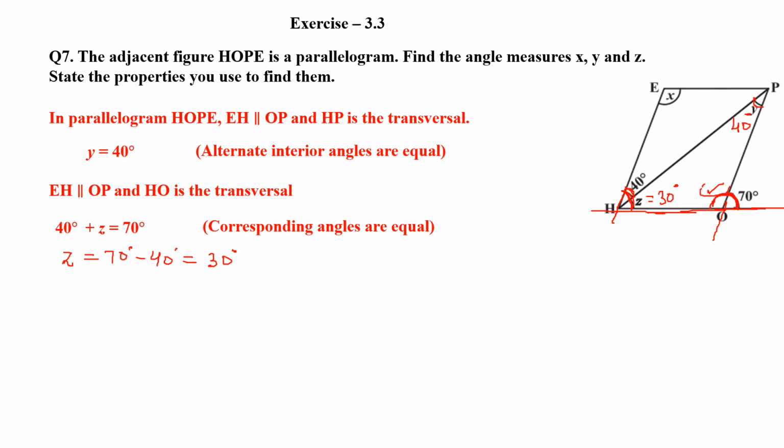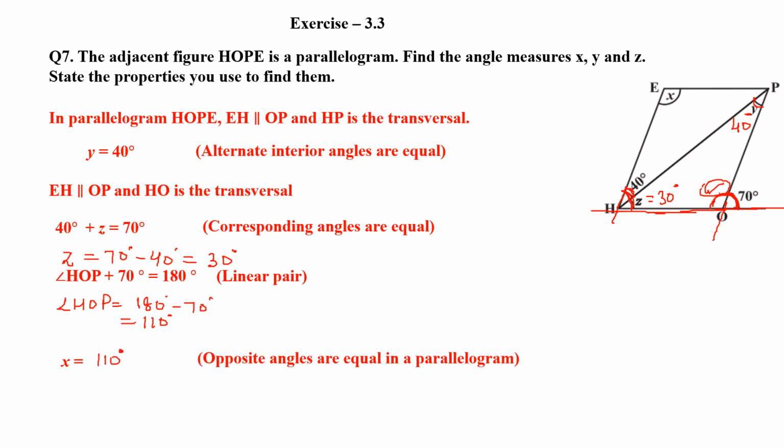So whatever the value of this angle, x will also have the same measure, right? So angle HOP plus 70 degree will be 180 degree, and from here I get HOP equal to 180 degree minus 70 degree, which gives me 110 degree. So now the value of x will become equal to 110 degree. Why? Because the reason is opposite angles are equal in a parallelogram. Clear?